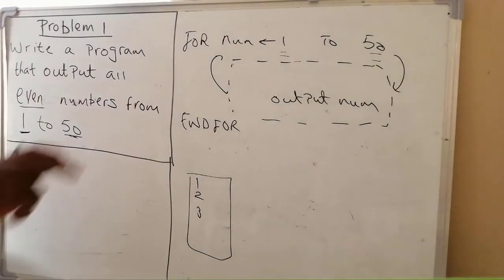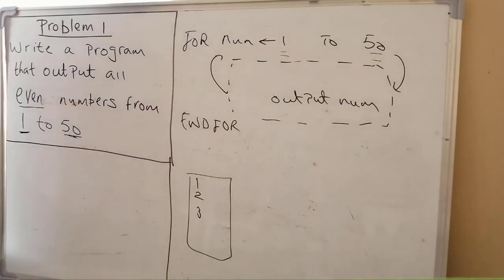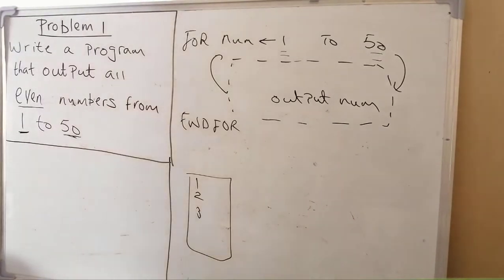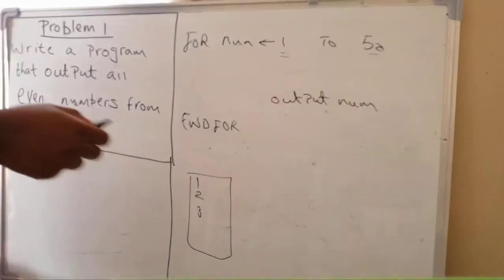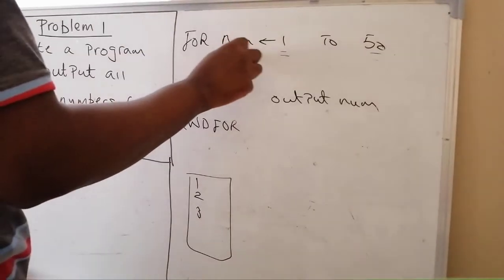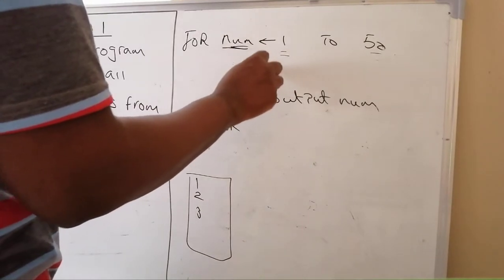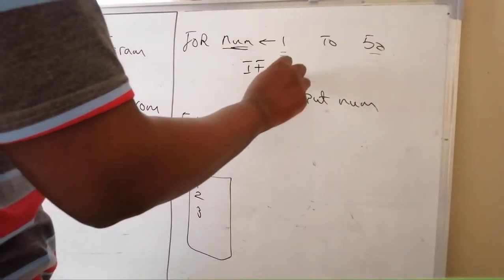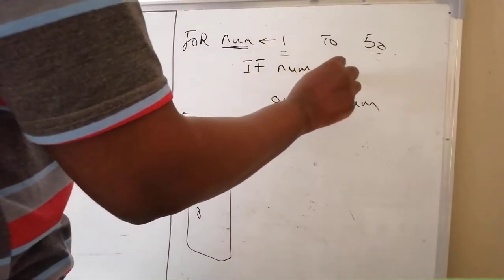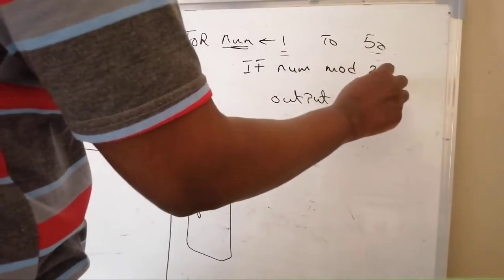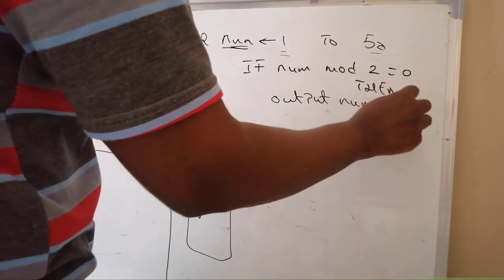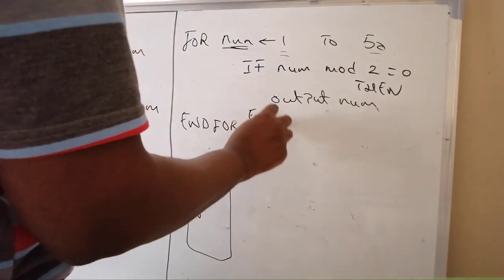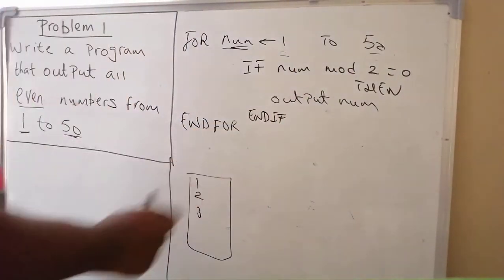Now let us change this algorithm that we have right now to that of finding all even numbers. So we can just add an if statement here to test that num which is entering the loop. So for that we do if num mod 2 equals 0, then we output the number, and then we put in an end if. Let us observe what is happening.